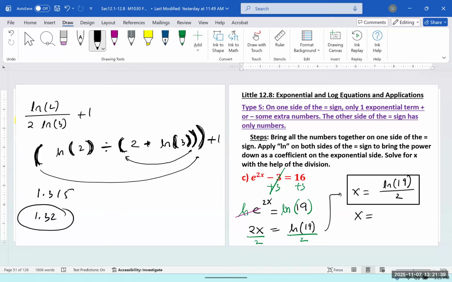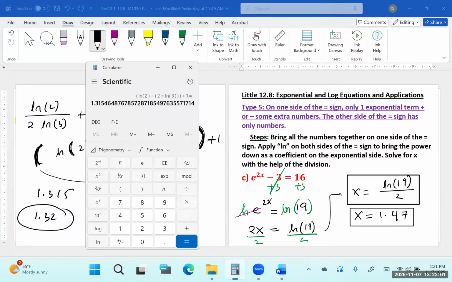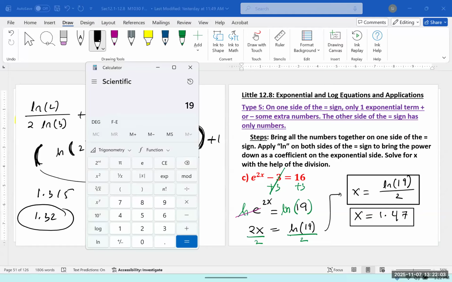Where's the number? 1.32, 1.4. So let's check, simple one: ln of 19 divided by 2, 1.47.